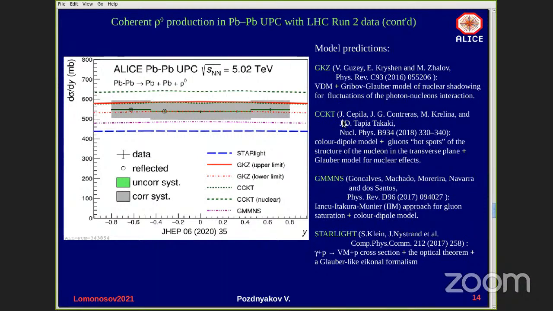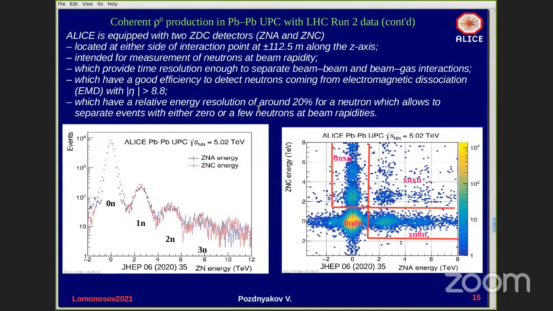They were applied for rho-zero through the vector dominance model, etc. You can see the details of what's going on with the models, but you see that our data are in between the Guzey, Krusin, Zhalov calculations, in the lower limit of their calculation. It's the best description.